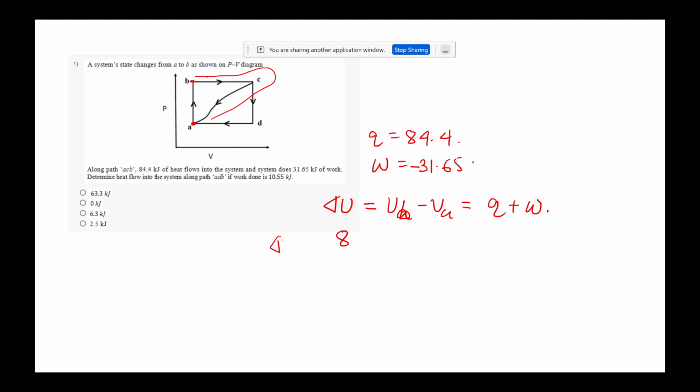So delta U will be 84.4 minus 31.65. Now we don't know about the other heat. This is Q, and we know this one is 10.55. The system does work, so this will be minus 10.